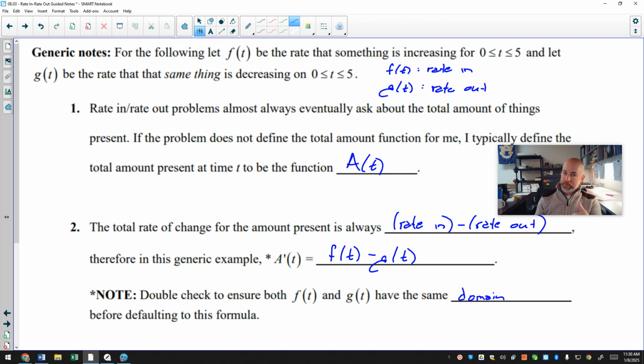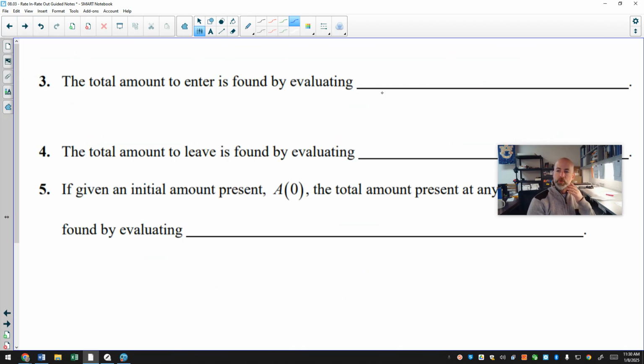If they do not have the same domain, then we'll have to account for that as we work through the problem. The total amount to enter, if you ever want to know how many people or how much the function has grown, well, the amount in would be the antiderivative of the rate in. And for this specific example, I did mention the domain, or the t was between 0 and 5. So I'll say 0 to 5 for this one.